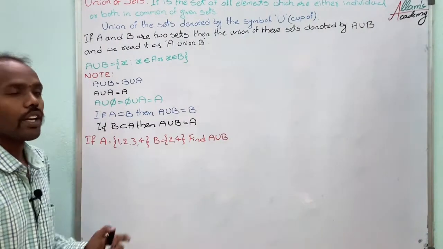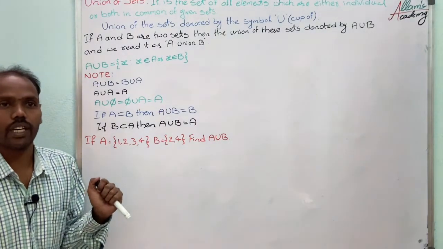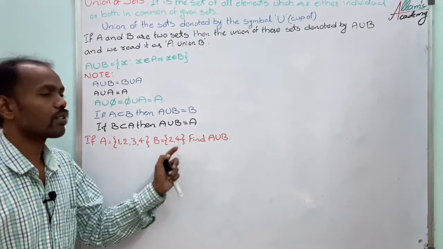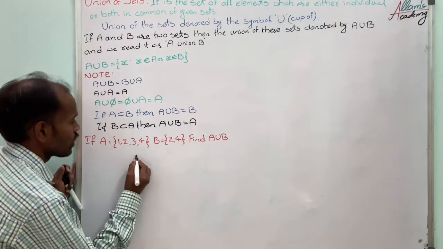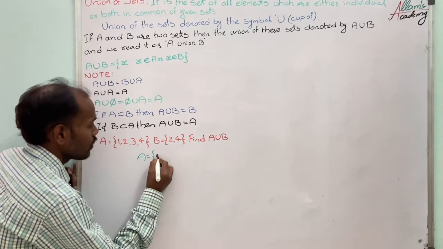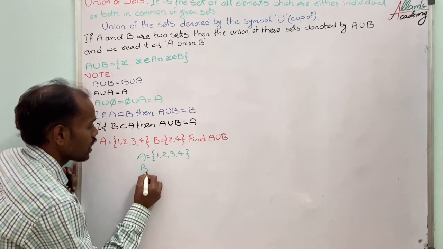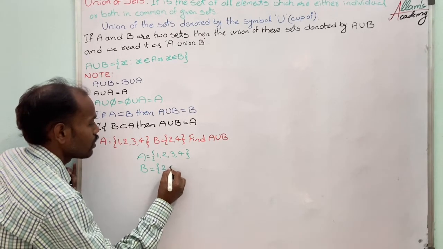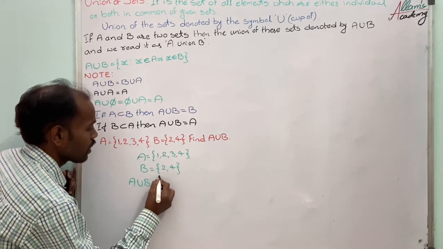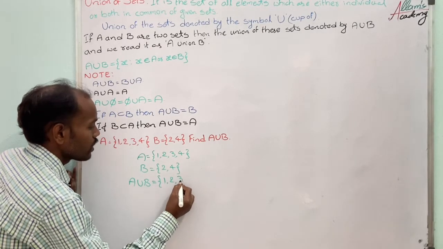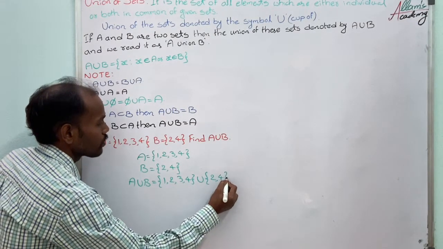Now here in the problem the set A is given as the elements 1, 2, 3, 4 and the set B is given as the elements 2, 4. Find A union B. So the set A is {1, 2, 3, 4} and the set B is {2, 4}. Now A union B equals {1, 2, 3, 4} union {2, 4}.